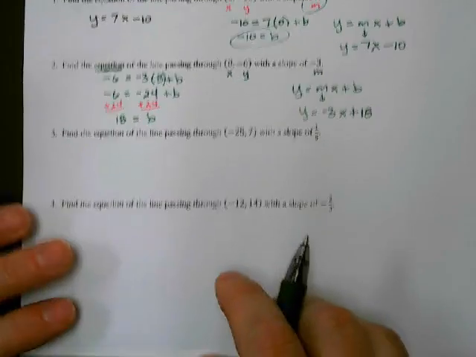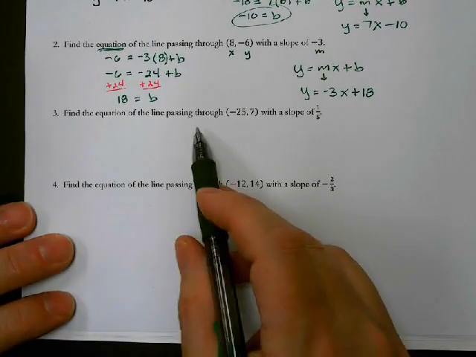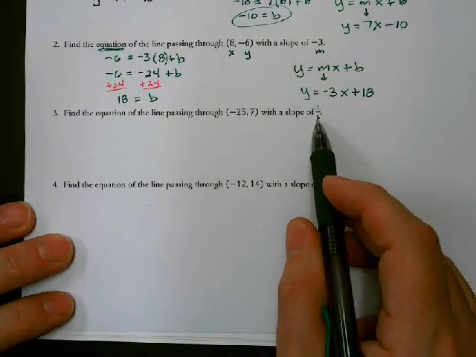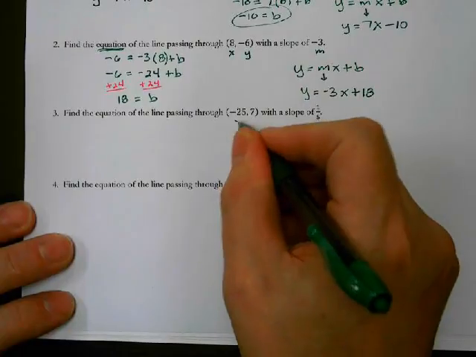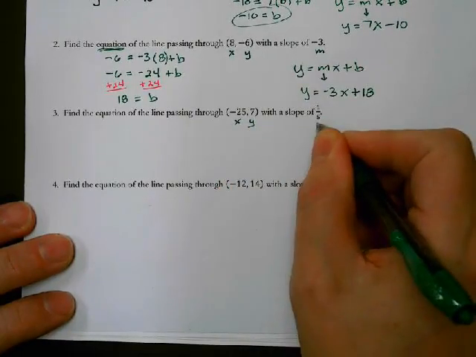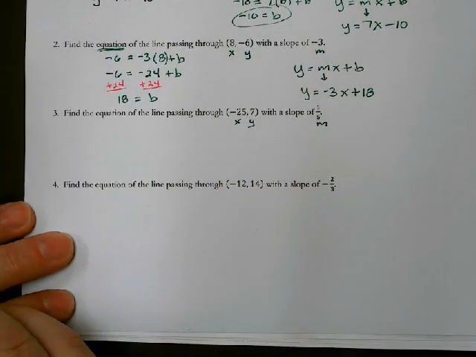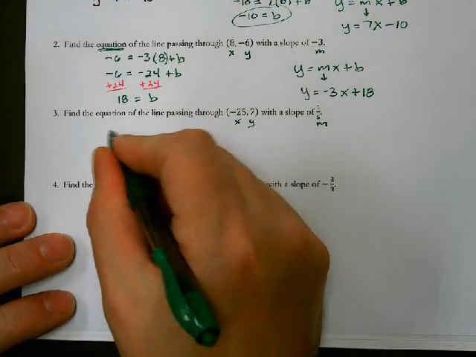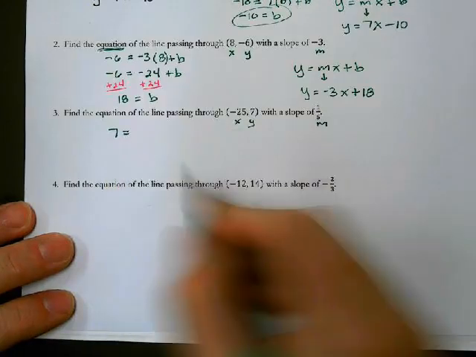All right, 2 more. Find the equation of the line passing through (-25, 7) with the slope of 1/5. All right, so this is x, this is y, this is m. So I'm going to plug it into y equals mx plus b. Y is 7 equals m is 1/5.